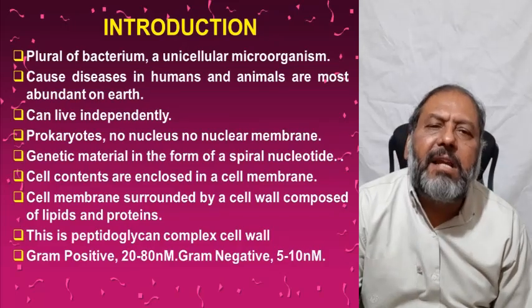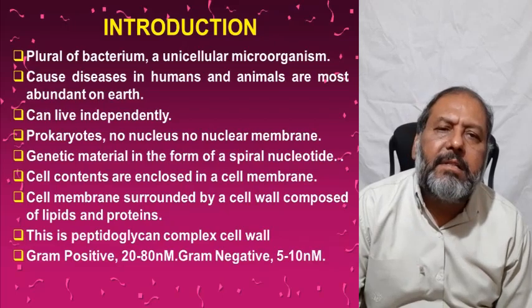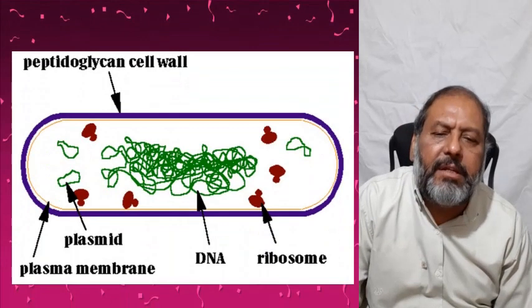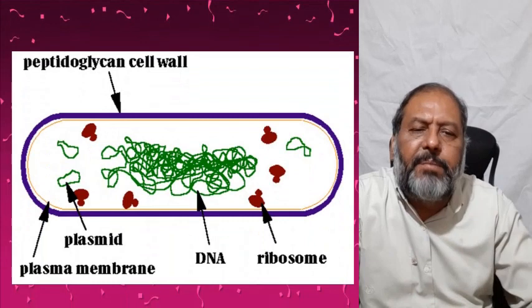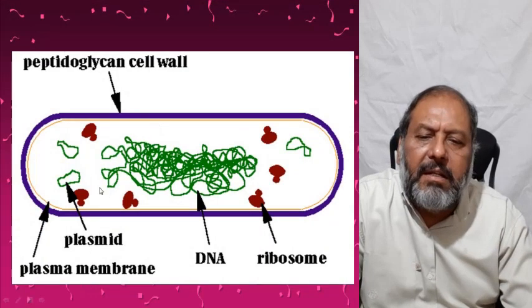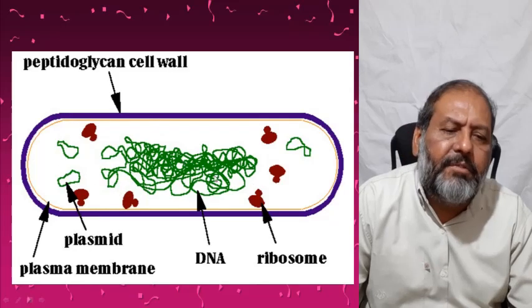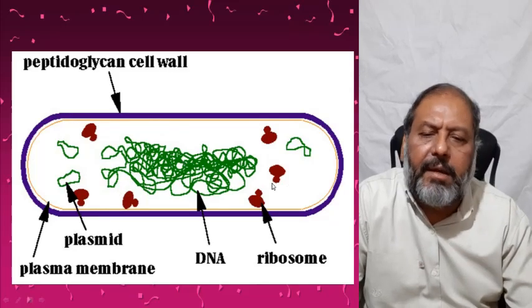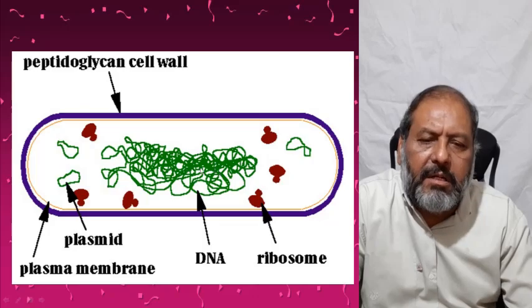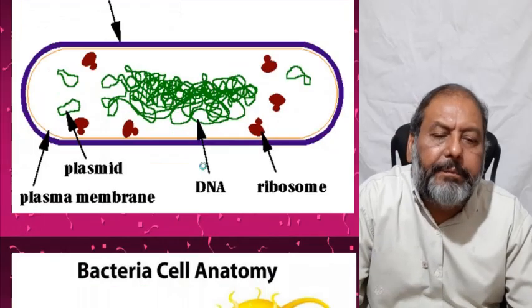It is slightly thinner than the peptidoglycan in gram-positive bacteria. Here one can see the peptidoglycan cell wall which is surrounding the bacteria, and the contents of the bacteria which are inside. These are the ribosomes, the plasmids and the nuclear material in the form of DNA.